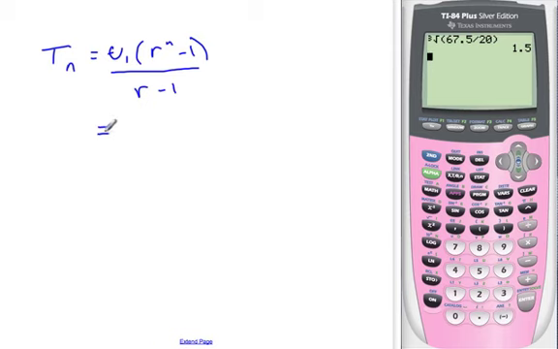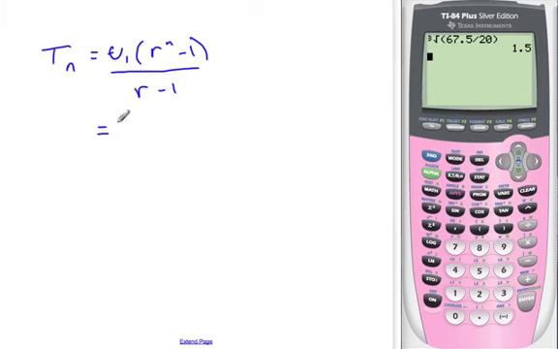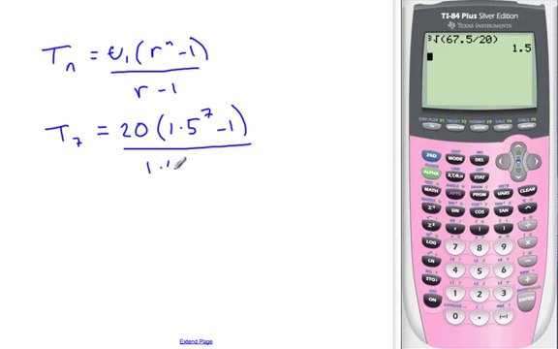So in this case, the first term was 20. Okay, so we had 20 times r, which is 1.5. We're after now the sum of the first 7 terms. So 1.5 to the power of 7 minus 1, all divided by 1.5 minus 1.